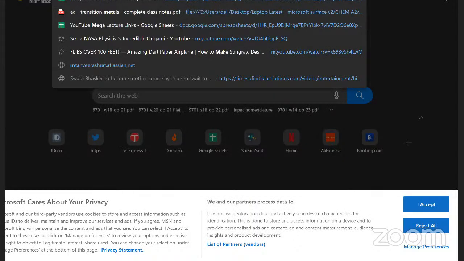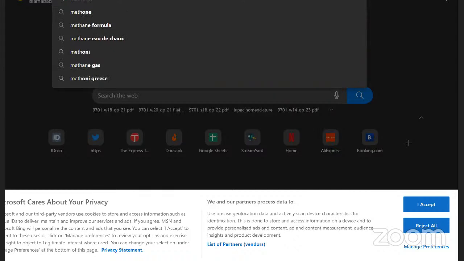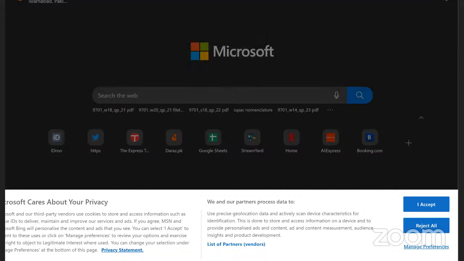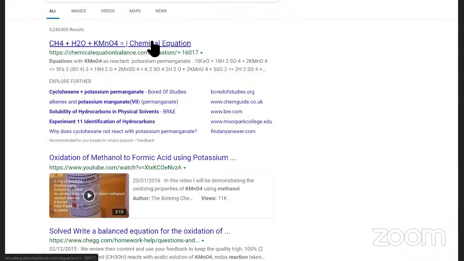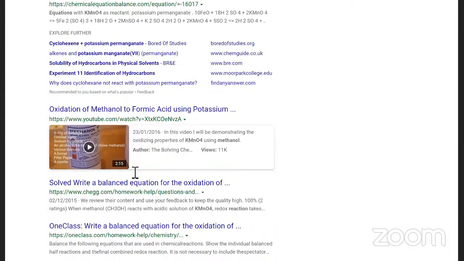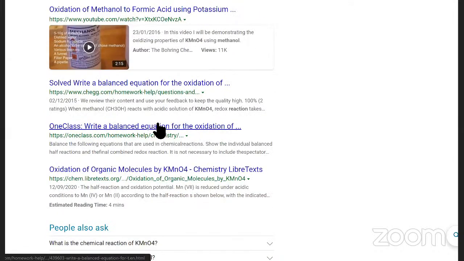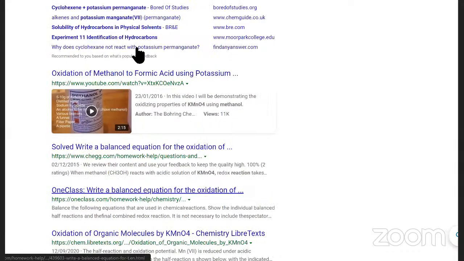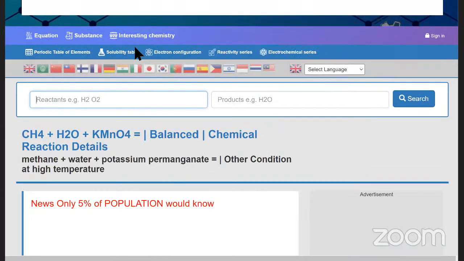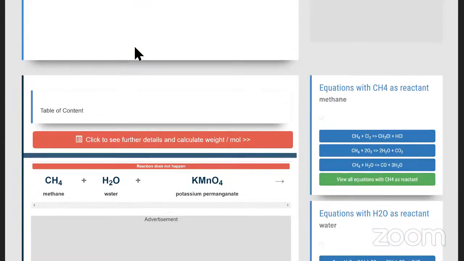For example, if I search for an equation of methanol with KMnO4, it's going to be a pretty long equation. It's almost impossible to memorize any of the organic equations.